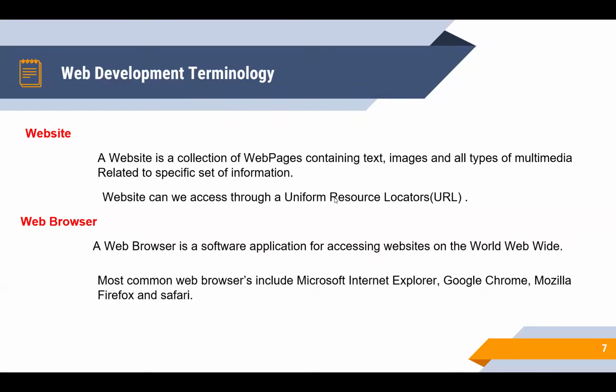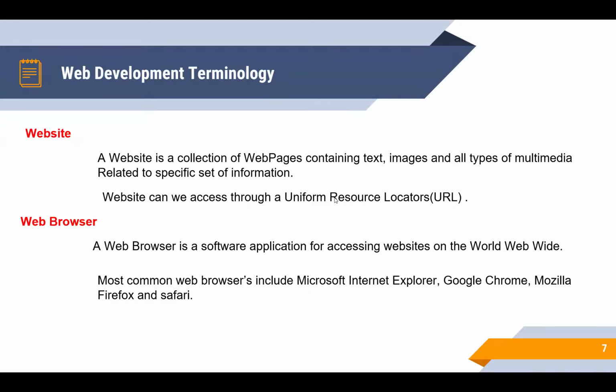Now after that, we will have the web browser. What is a web browser? A web browser is software that we install on our machine. With the help of a web browser only, we are able to access any website. That is up to you; you can install any web browser.